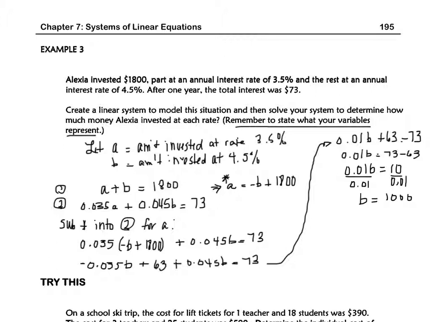And if B is 1,000, then we can go back to our star equation, that A equals negative B plus 1,800. So that would be negative 1,000 plus 1,800, which gives you A equal to 800.